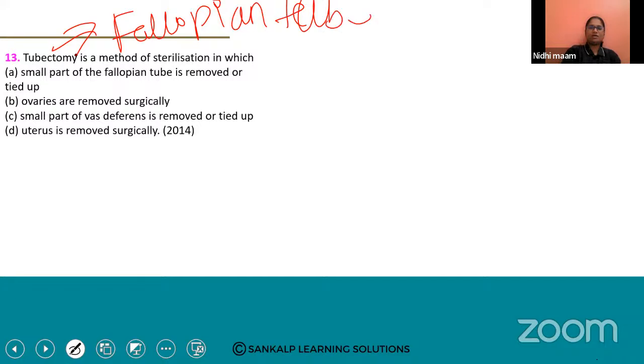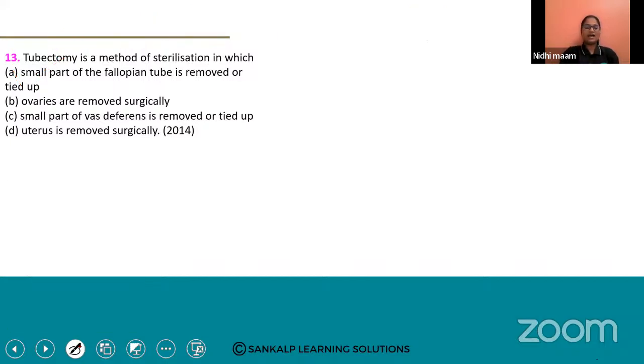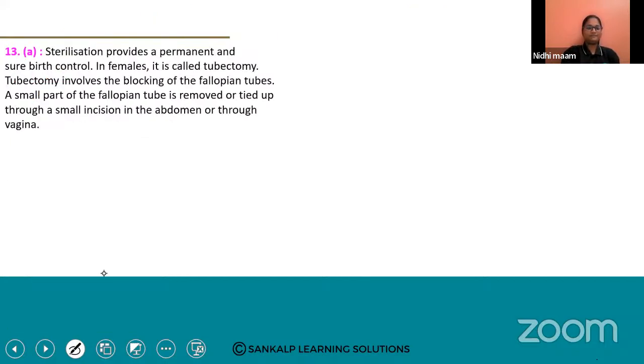It is a cutting and tying of the fallopian tube in the female. So option A is the right answer. Someone answered option C. Where does the vasa deferentia come in a female? Tubectomy is not about the vasa deferentia. If the vasa deferentia comes, which surgery is that? It becomes vasectomy. Don't make silly mistakes, understand the question.